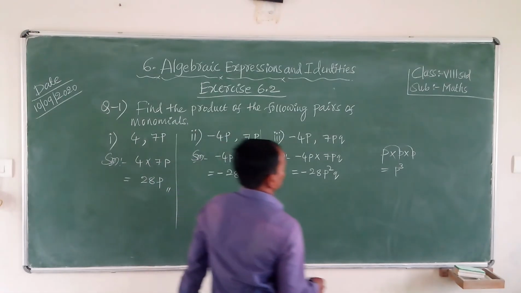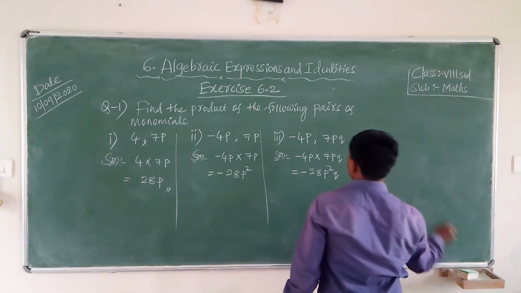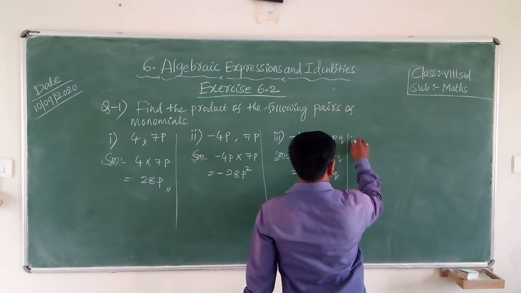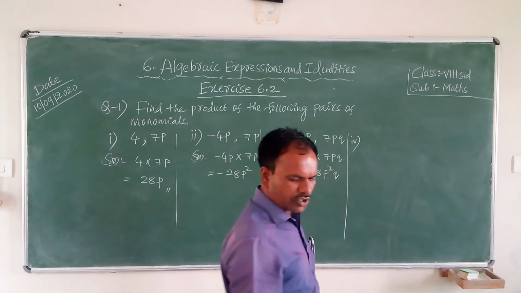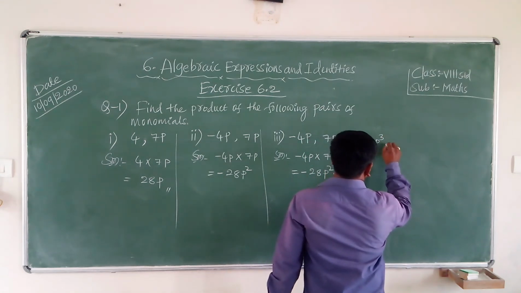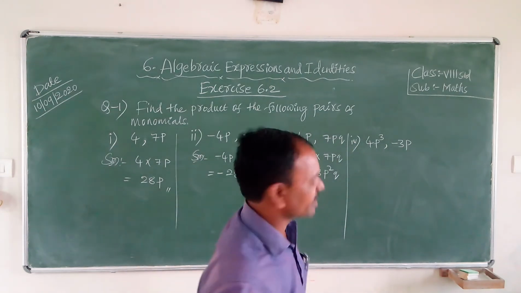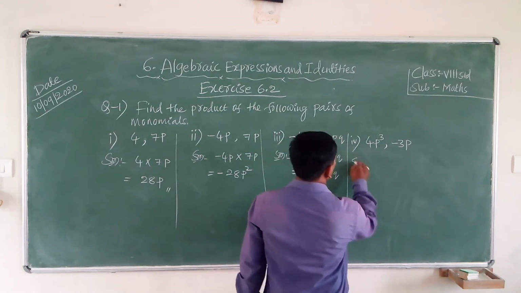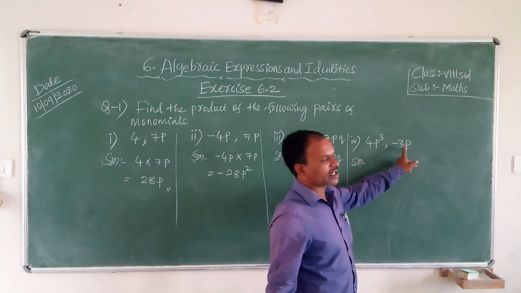Now next one, the fourth one: 4PQ, comma minus 3P. How to multiply this, my dear students? Here 4PQ is there, here minus 3P is there.